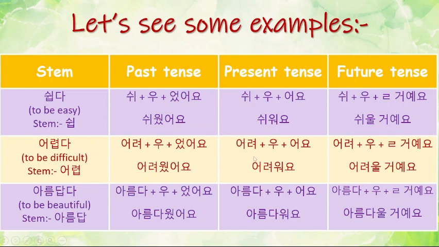In present tense, the ending that will be attached is oyo. So the word is 어려워요. And in the future tense, the same concept, lier koeo is going to get attached and the final word after conjugating in future tense is 어려울 거예요.